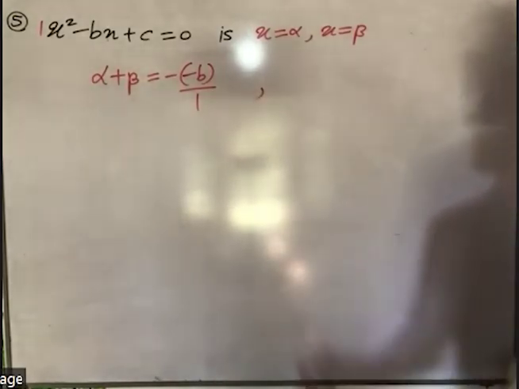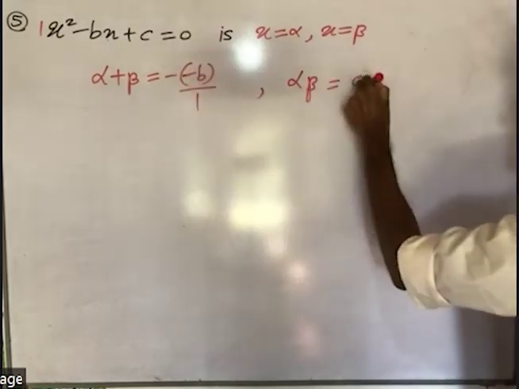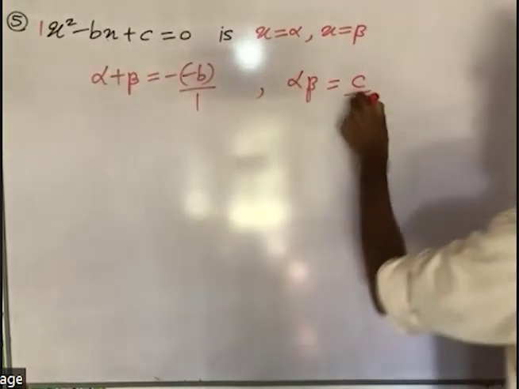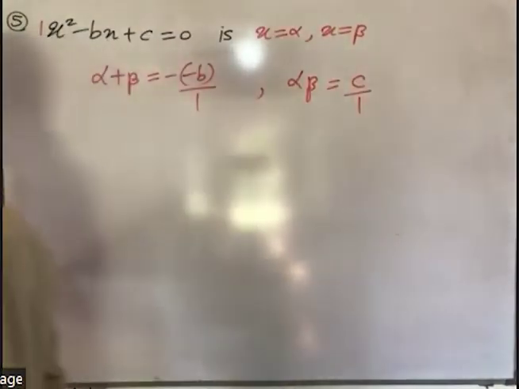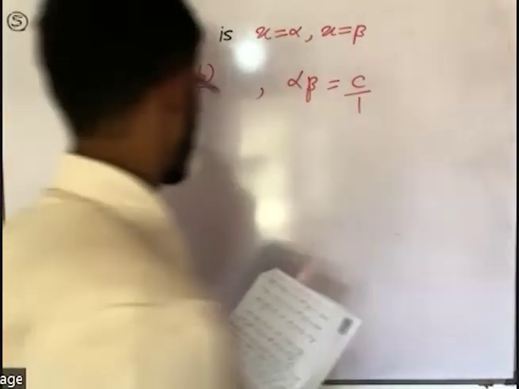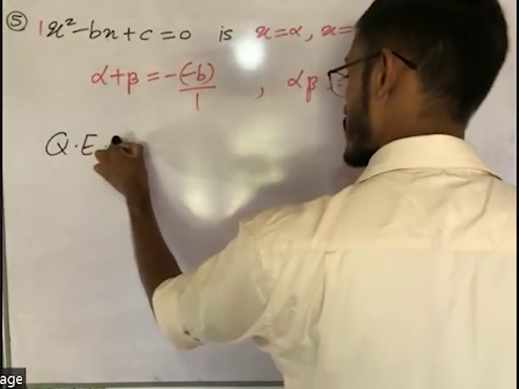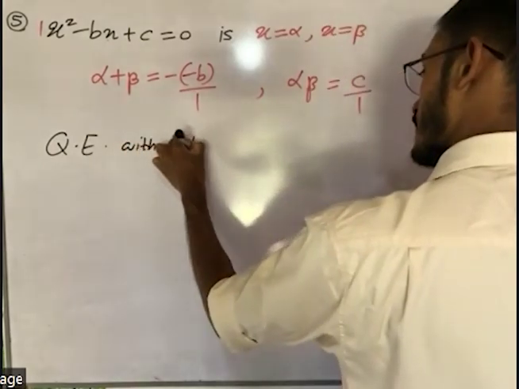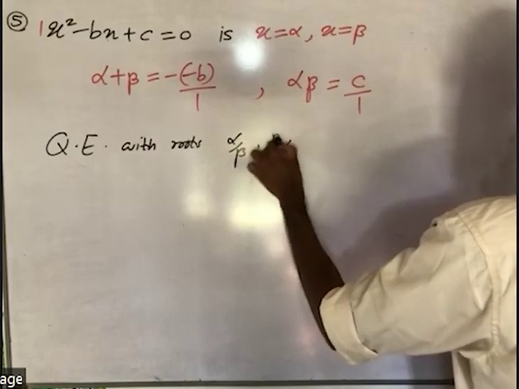Comma, product of roots alpha beta equal to the constant value divided by the coefficient of x square term, plus 1. Right. So using these two, we can find the quadratic equation with roots alpha over beta, comma, beta over alpha.